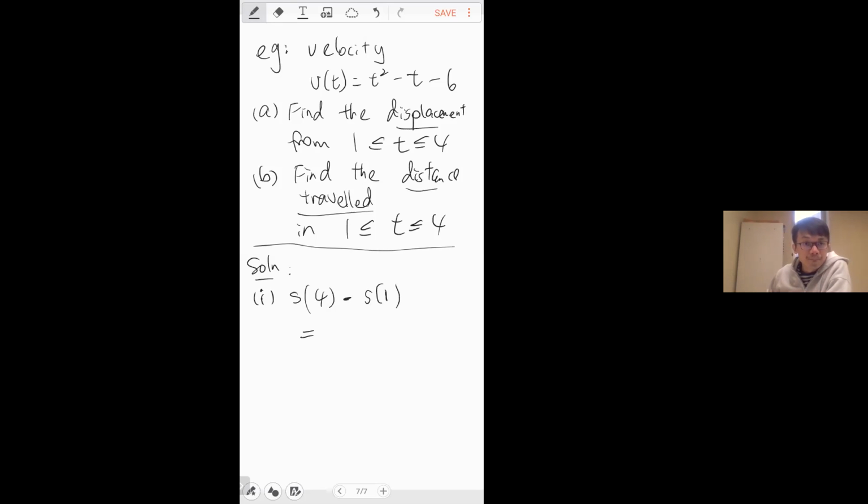Is it okay? Now, by what we just discussed, this is the definite integral of the derivative of the distance from 1 to 4, right?